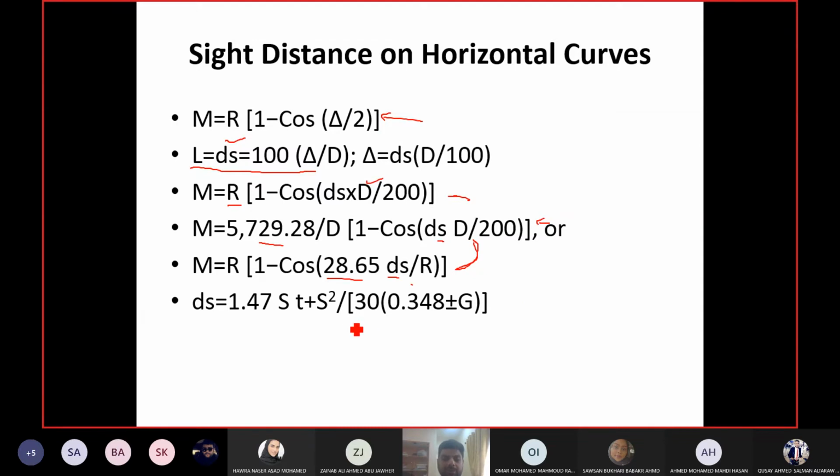So this is the equation for stopping sight distance. S is the speed, T is the reaction time, f is the coefficient of friction, and G is the gradient. So ds can be this value, or any other type of sight distance which you feel appropriate for this site.